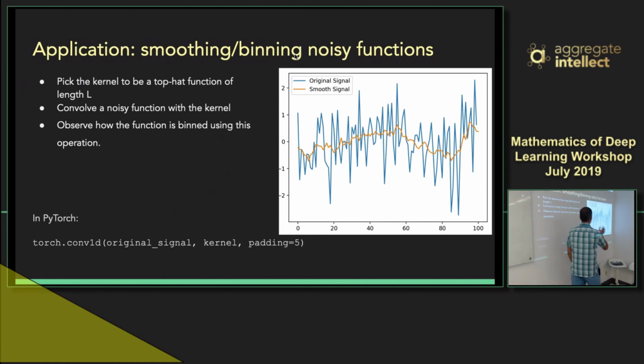You're averaging it between 0 and 10, and you're getting one number, and then you slide it 1 unit, and then you do the same thing. So you're averaging between 1 and 11, and then you put it here, and then you'll see that when you do this, this actually cancels out the noise, because this is a Gaussian noise centered at 0, and you'll get a smoother function as a result. And we will do this in PyTorch.